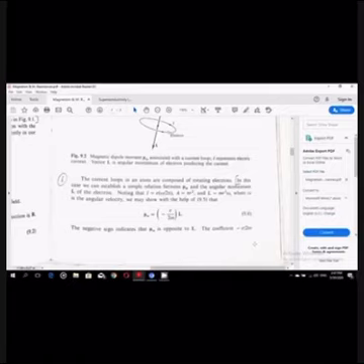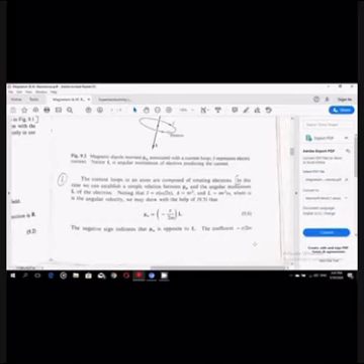So we get equation 9.6. Note that there is a negative sign here, and this negative sign means that the magnetic moment is always opposite to the angular momentum L.